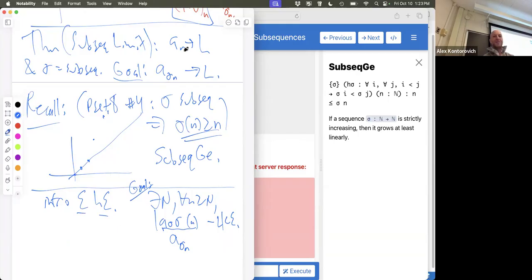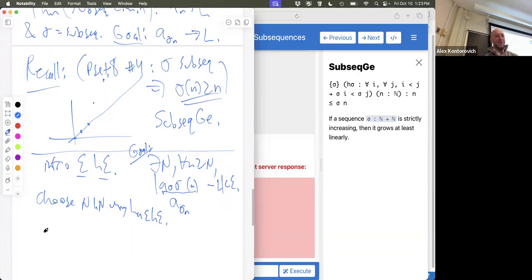Given this epsilon, let's choose N, hN using ha with this epsilon and the fact that epsilon is positive. And then just use this N. I'm sorry, no, not use this N. Use what?